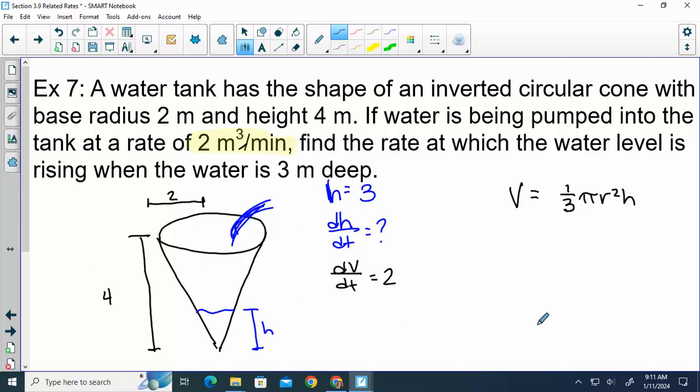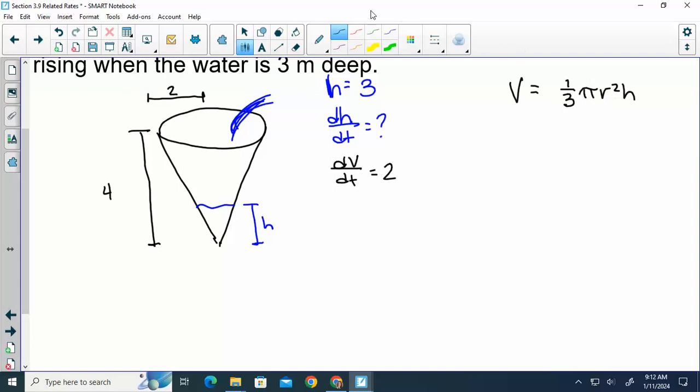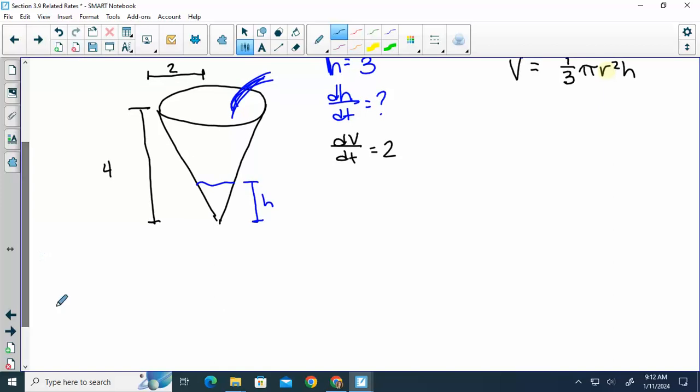No. So really, if I'm going to be able to find dH/dt, I have to get rid of that radius before I do the derivative. So we need to go back and look at the other information again. I really need to be able to change r to something else. And I don't know the number, and it's changing anyway.